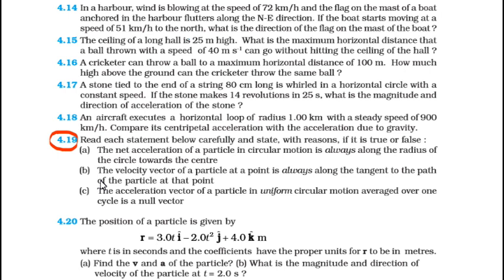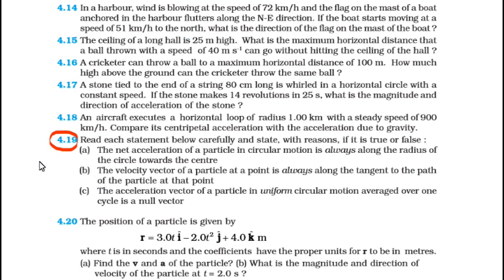B. The velocity vector of a particle at a point is always along the tangent to the path of the particle at that point. C. The acceleration vector of a particle in uniform circular motion, averaged over one cycle, is a null vector.